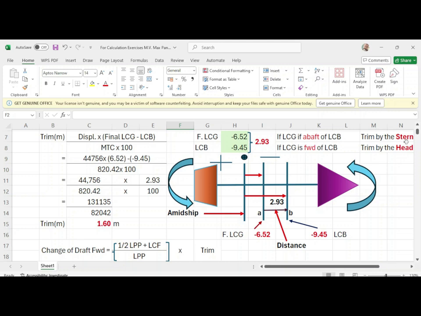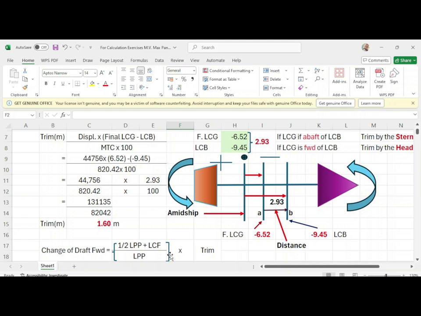The final LCG is negative because it says forward of midship. So from midship, you measure 6.52 negative, because you are forward of midship. This will be your final LCG, so that is what it meant.